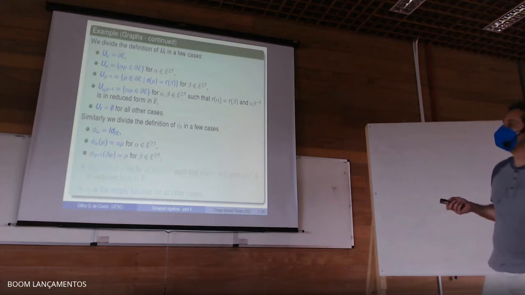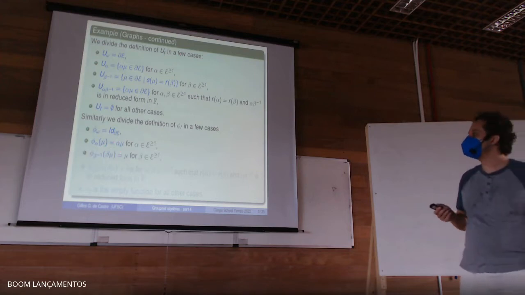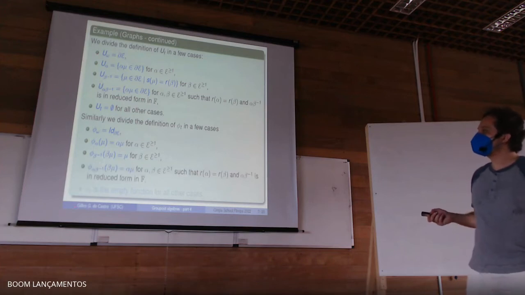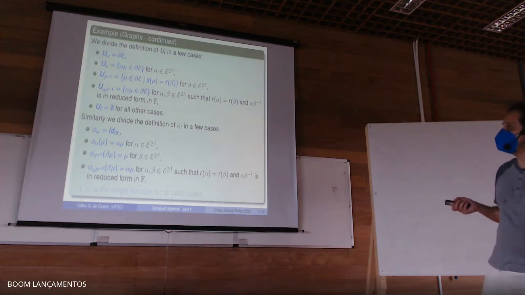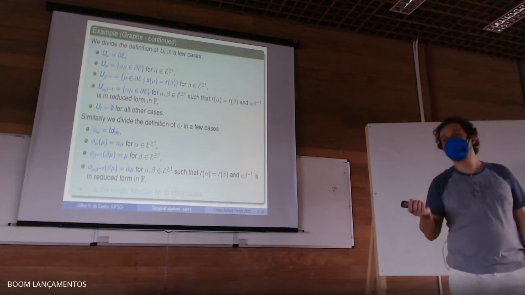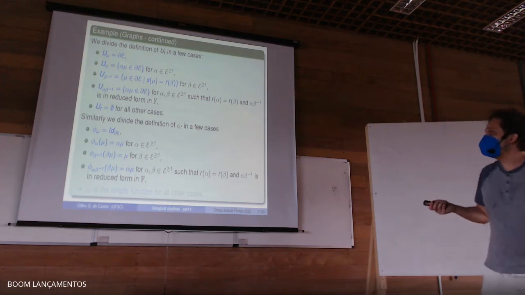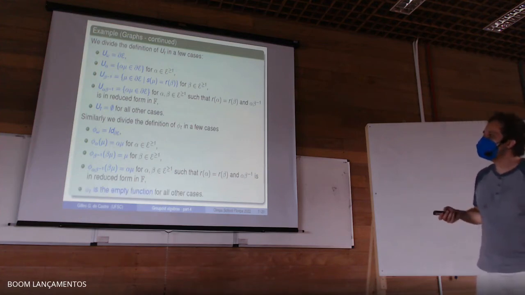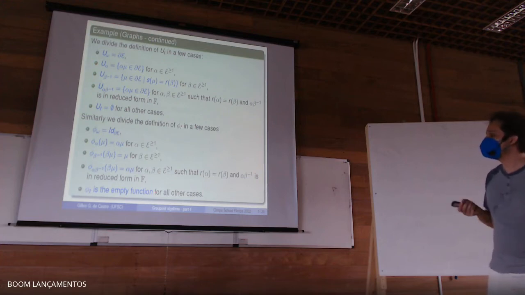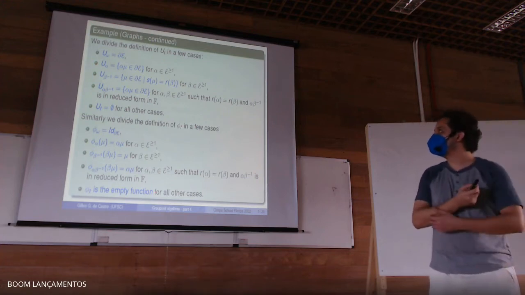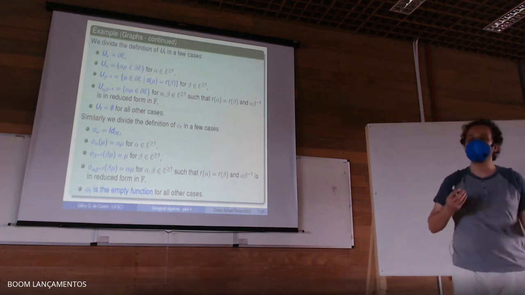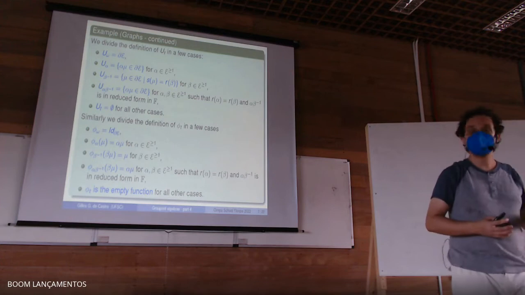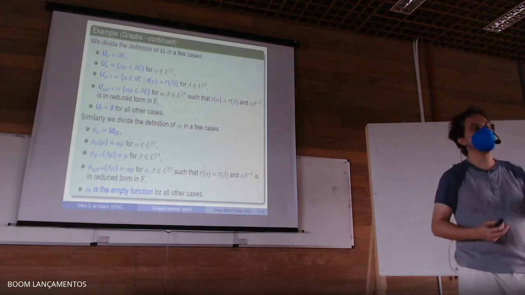Beta minus 1 is just going to remove beta from the beginning. And then if you take alpha beta minus 1, with the same conditions that I have above, we just remove beta and then attach alpha at the beginning. So it's very natural in a sense. And for all other cases, we just have the empty function, and that's going to be a partial action of the free group generated by the edges of the graph.